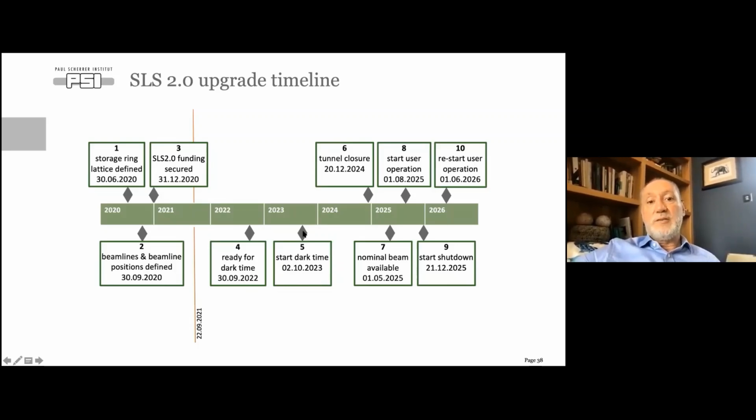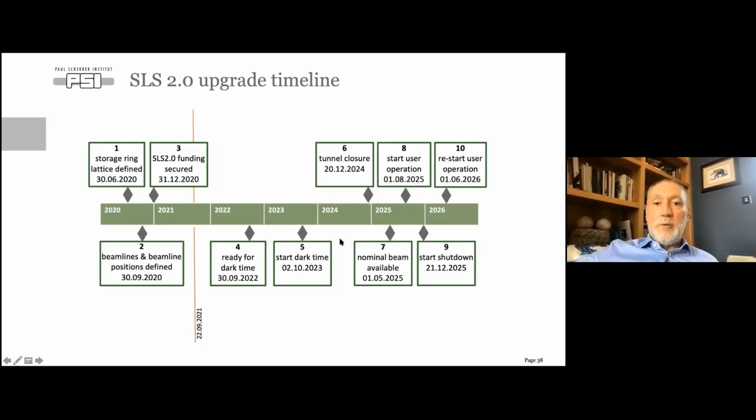And we will start the dark time at the beginning of October in 2023. And this will continue for 15 months of the tunnel wall being open, followed by 3 or 4 months of commissioning, and after which nominal beam will be available. And then about 3 months later, user operation will start.